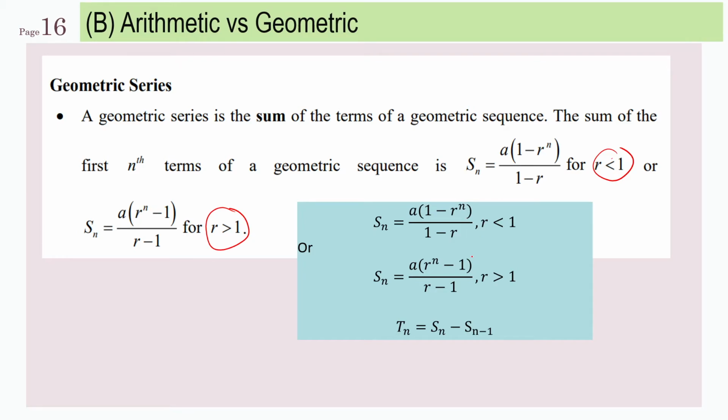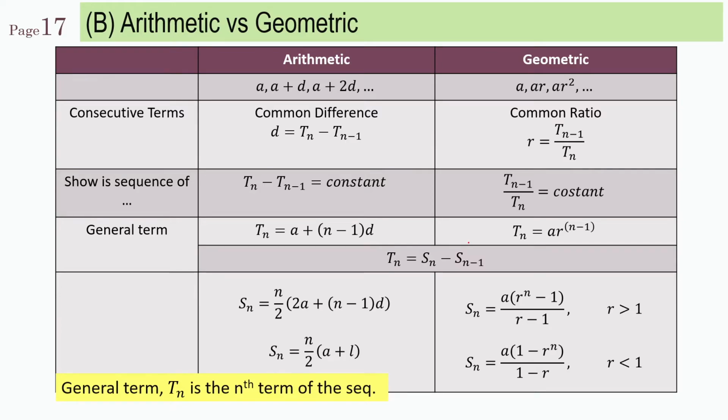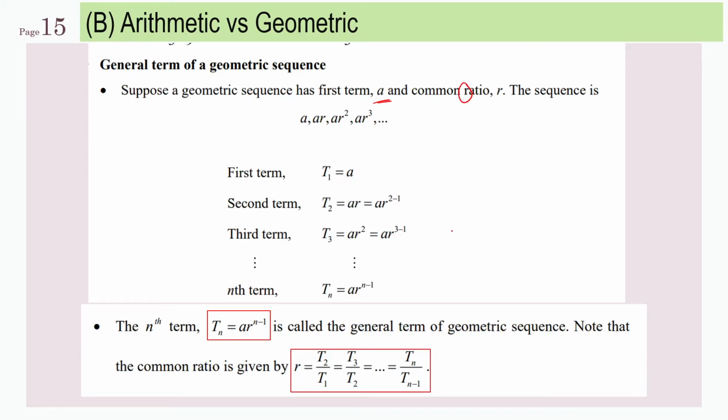Unfortunately, this one you have to memorize, and please memorize it correctly, because it is R to the n minus 1 over R minus 1, compared to the general term, which is AR power n minus 1. Don't put the negative 1 down there.